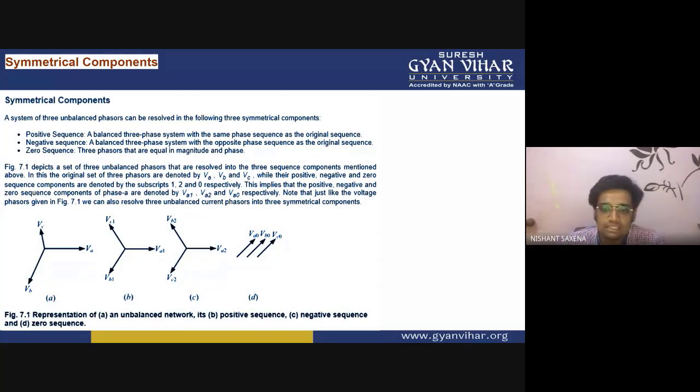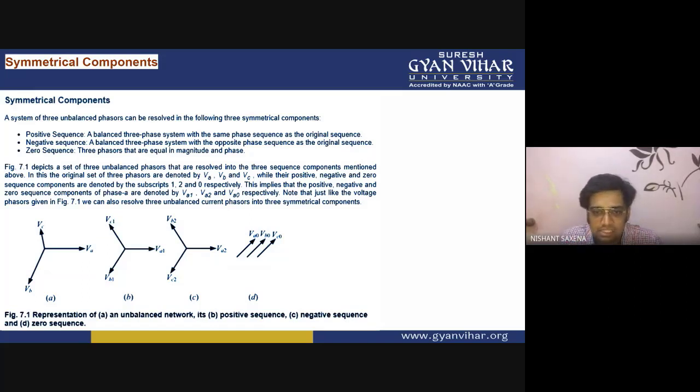Now, these unbalanced phasors can be resolved into three sequence components, which are the positive, negative, and zero sequence components. The positive sequence component is defined with subscript 1, the negative sequence component with subscript 2, and the zero sequence component with subscript 0. So the positive, negative, and zero sequence components of phase A are denoted by VA1, VA2, and VA0 respectively.